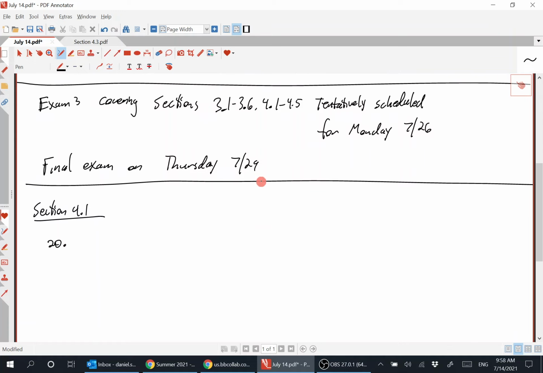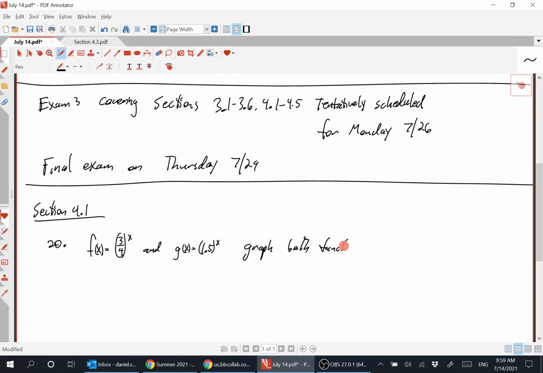Number 20 gives you two exponential functions: f(x) equals 3/4 to the x, and g(x) equals 1.5 to the x. Graph both functions in the xy plane at the same time.